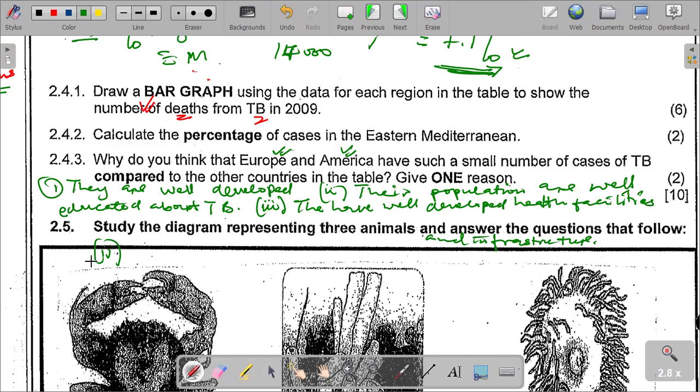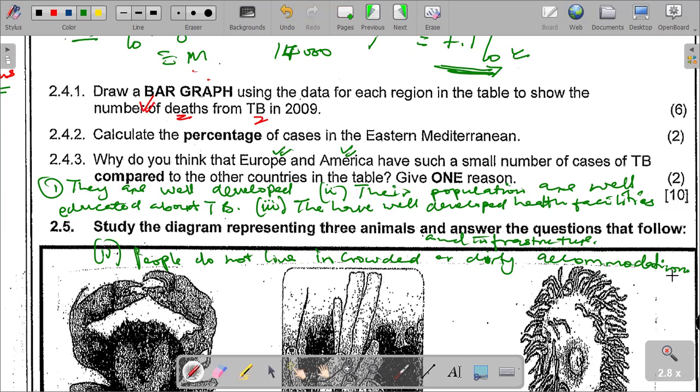We can conclude that the people do not live in crowded or dirty accommodation or housing.